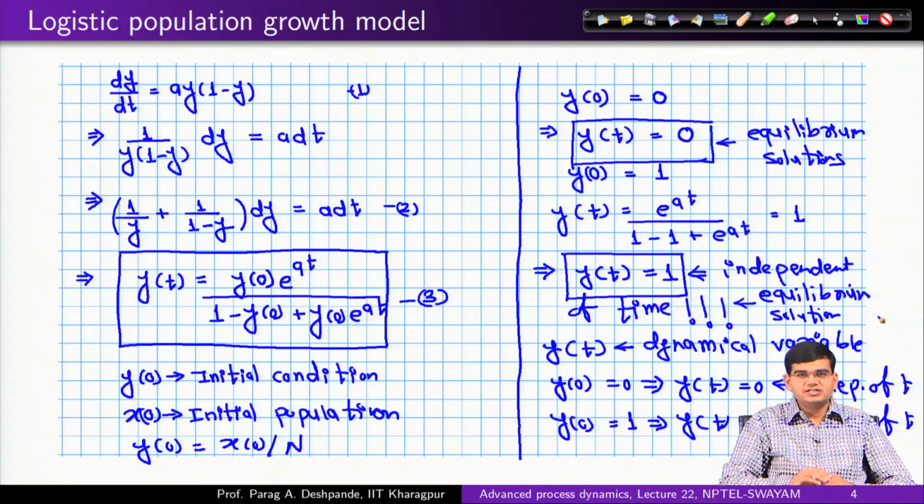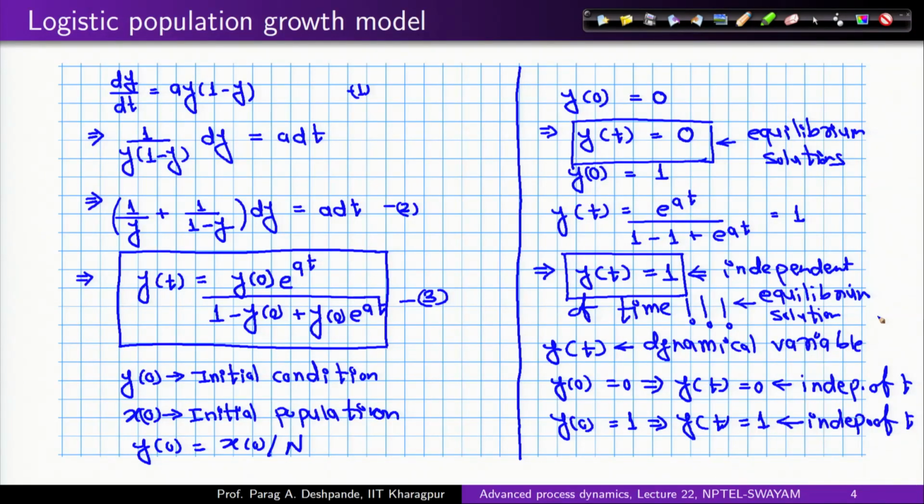For all the cases that we studied till now, we did not observe two equilibrium solutions, we always observed one equilibrium solution. So, we have now here the case where you have two populations which are equilibrium populations. What is the physical meaning of these two equilibrium populations? This is something which we want to know.